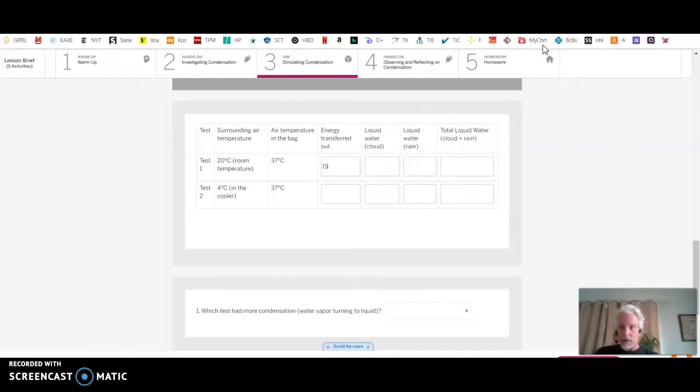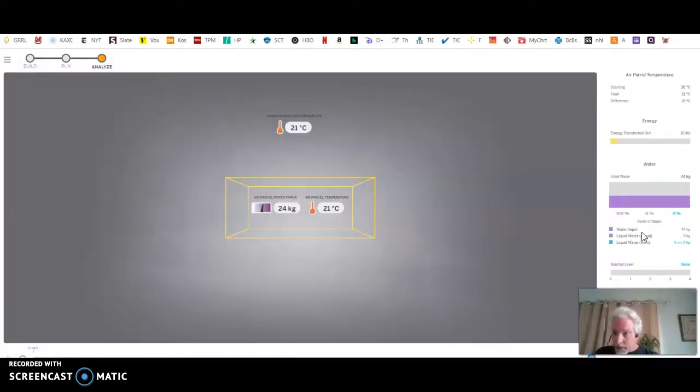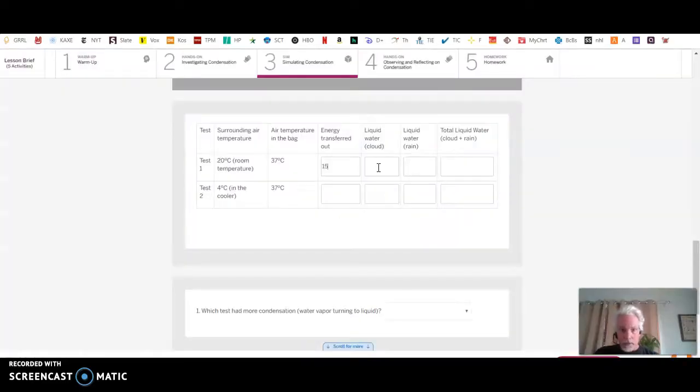The liquid water is 0, and this is 0. It's all water vapor. So I go back here and put 0, 0, and 0. You're going to set it up for the next one, and do it and fill out your findings.